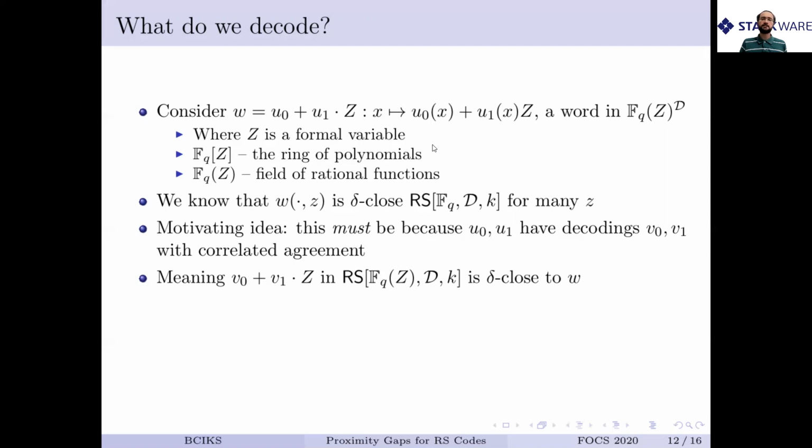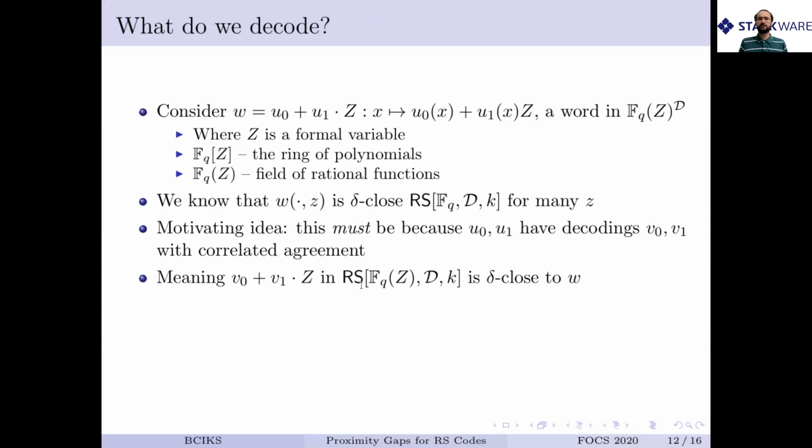And if that's the case, then that means that the word v0 plus v1 z, again, in the space of words from D to Fq(Z), is actually a code word in the Reed-Solomon code over Fq(Z). And more than that, it's a code word which is delta close to W, where the distance between these two words is exactly the distance in terms of correlated agreement.